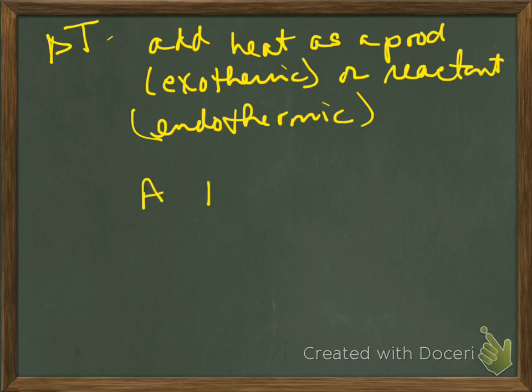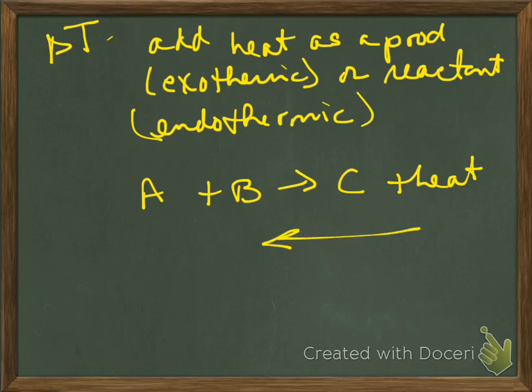Like say we have A plus B going to C, if I add heat, it's going to shift this way to minimize the heat added.